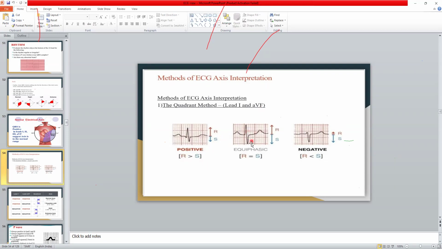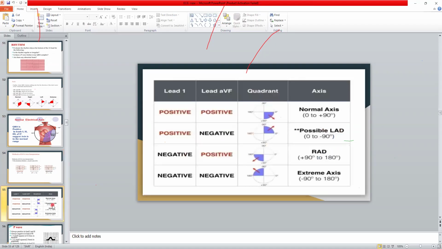If the R wave and S wave are equal, then it is equiphasic. If the R wave is smaller than the S wave, it is negative. So, how do you interpret whether it is normal axis, left axis deviation or right axis deviation?